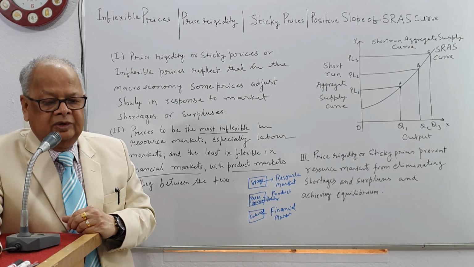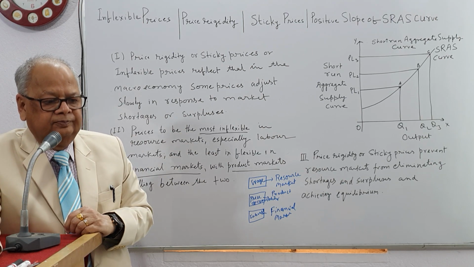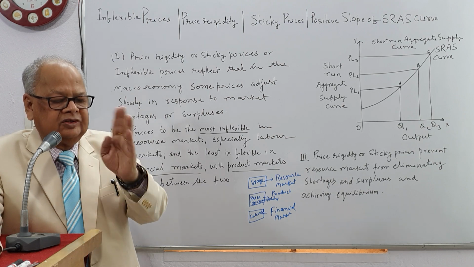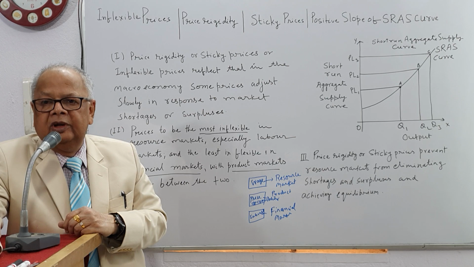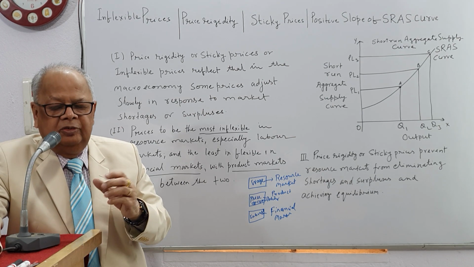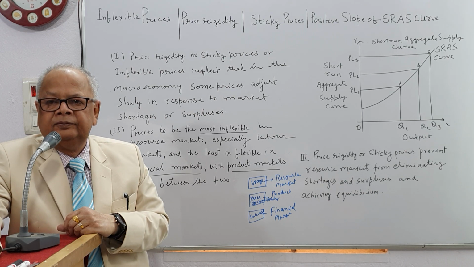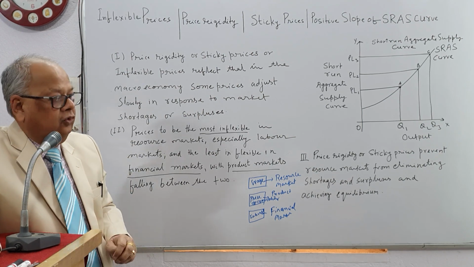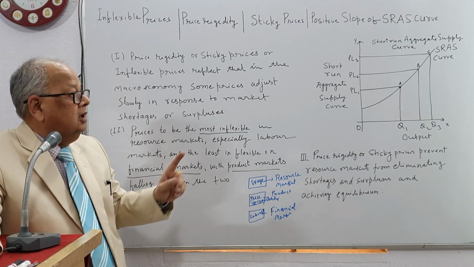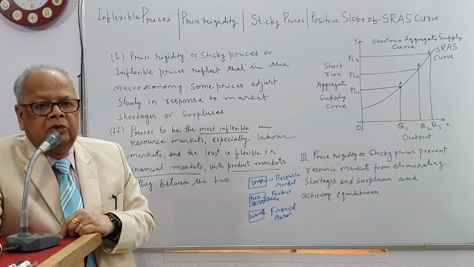There are many repercussions of it. Therefore, restoration from recession or from an inflationary gap to the real GDP equilibrium is difficult to obtain, and this is due to wage rigidity in the short run. Therefore, in the short run, the aggregate supply curve is positively sloped. Look at the board.